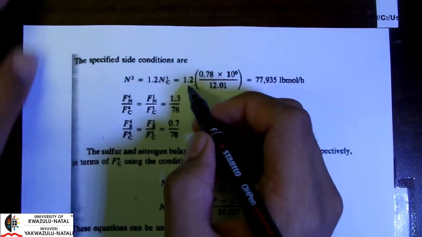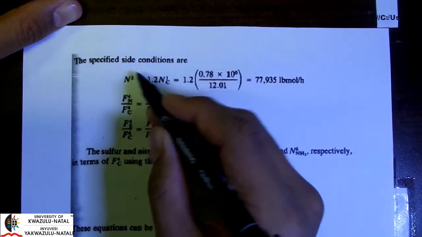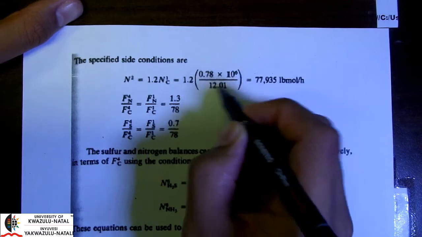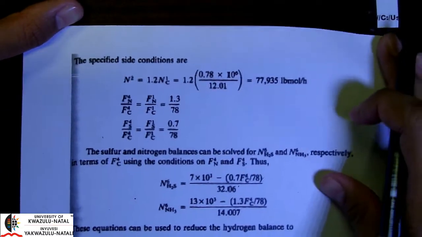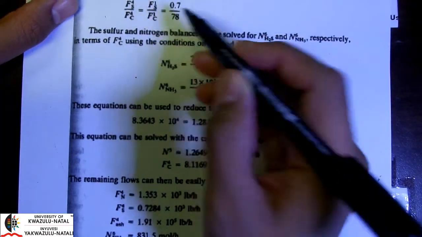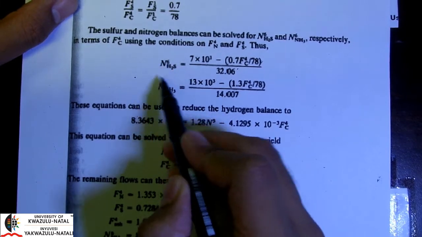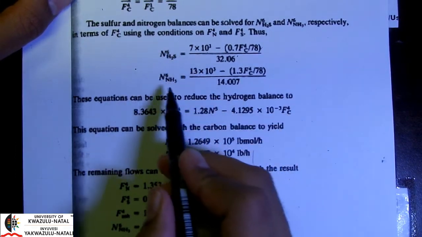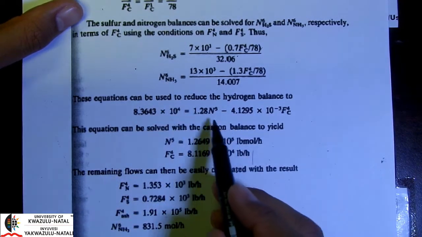We also know the flow rate of our steam is equal to 1.2 times the flow rate of carbon in the feed char. Now making use of my element balancing as well as the subsidiary relations, I can ultimately obtain all of my flow rates. And I can obtain these even in molar terms as well.